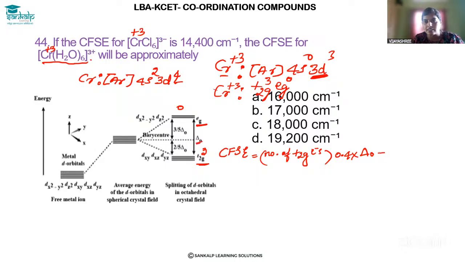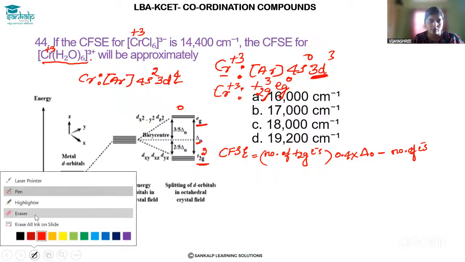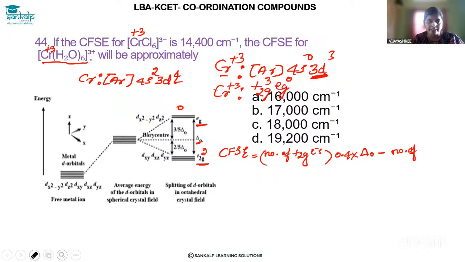Minus the number of eg electrons into 3 by 5 delta naught. 3 by 5 means 0.6 into delta naught. Delta naught is crystal field splitting energy, and CFSE is crystal field stabilization energy.